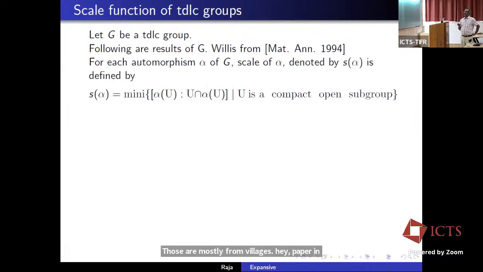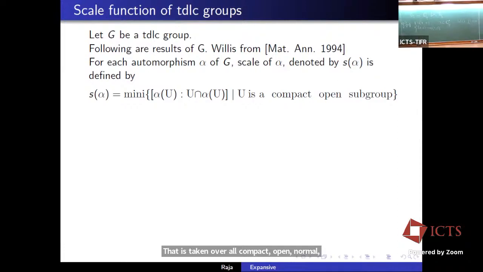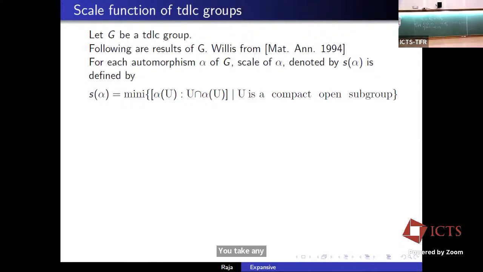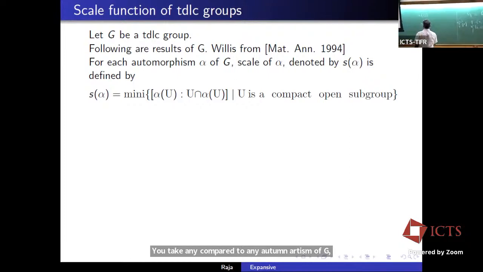For each automorphism alpha, the scale of alpha is defined to be that particular quantity that is taken over all compact open subgroups. So you take any automorphism of G, and when you look at alpha U for a compact open subgroup U, then this is again a compact and open subgroup.